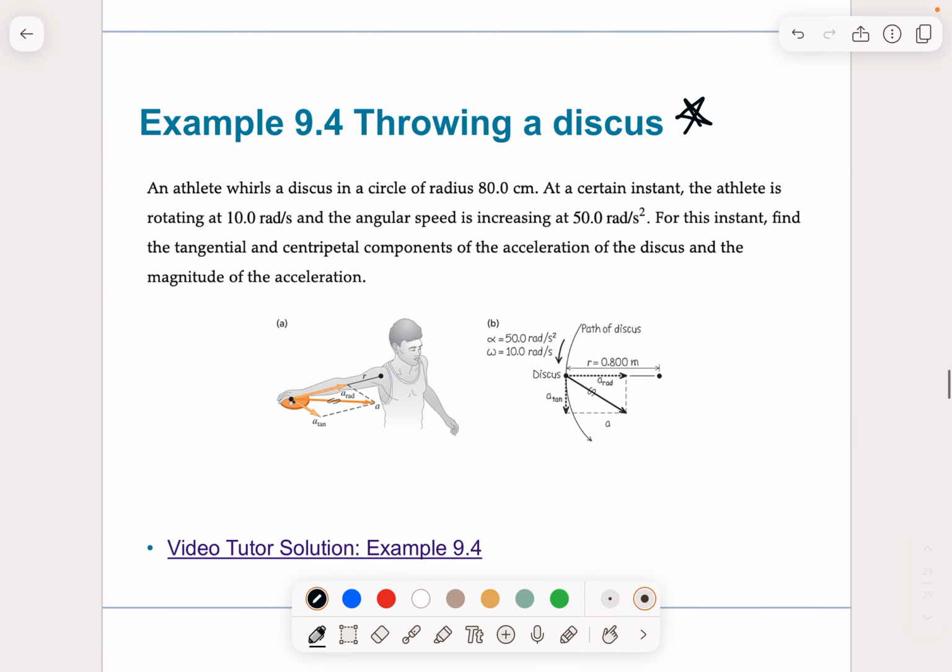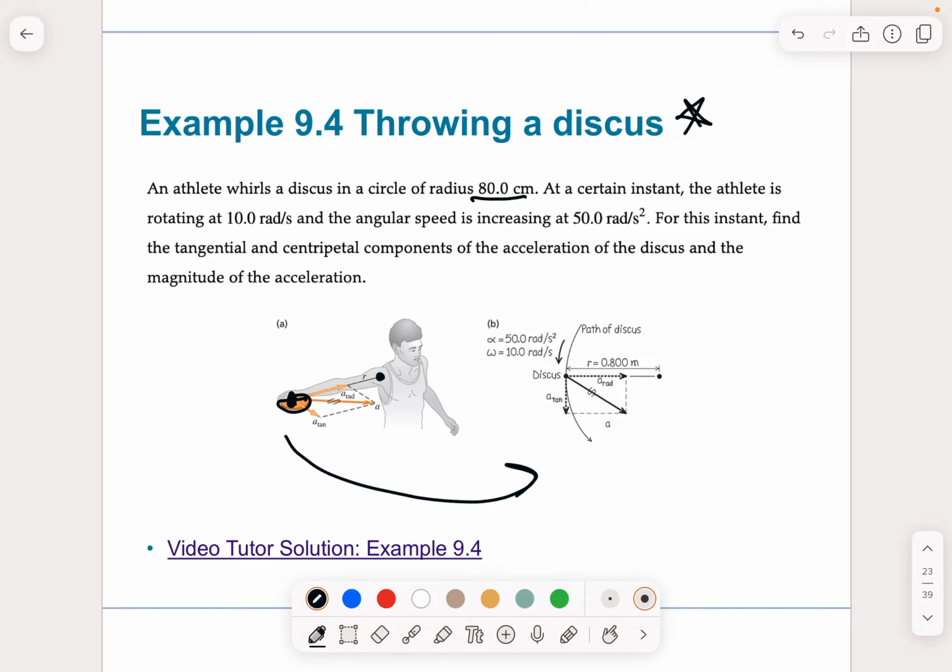So there's the disc, here's the center of the disc, and here is the guy's shoulder. When he spins around, he is essentially rotating this point about a circle of radius 80 centimeters. That's exactly what's pictured on the right in part B.